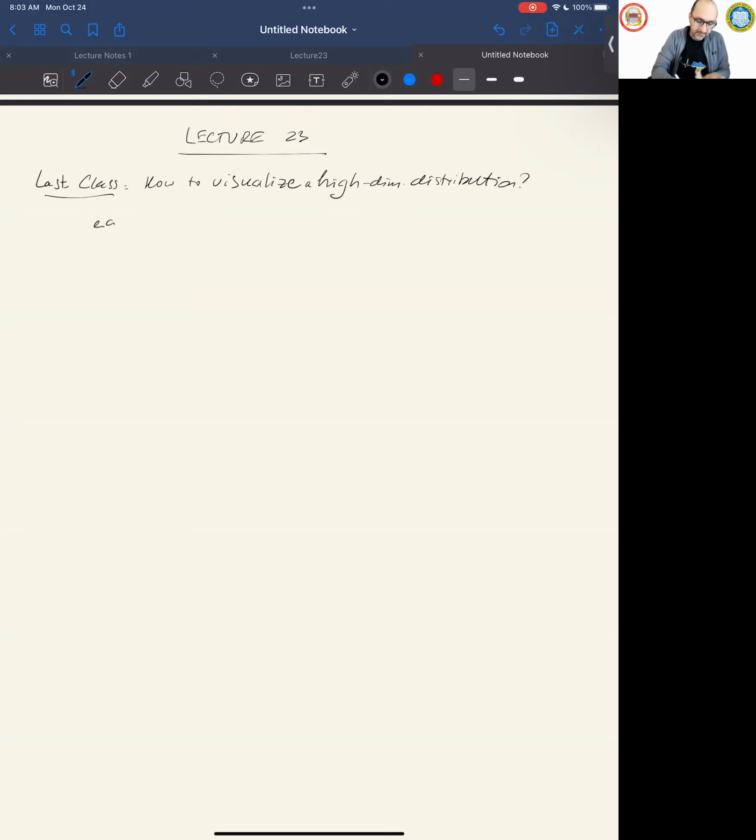For example, let's say a human genome, the sequence of genes. Let's say you record for every person in the world some part of the genome, maybe a couple thousand gene expressions. And then you try to visualize it in 2 dimensions, 3 dimensions.